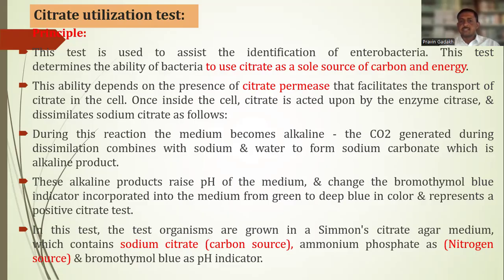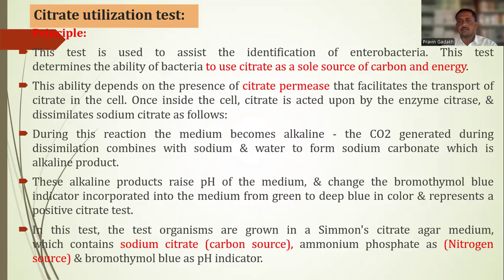Once inside the cell, citrate is acted upon by the enzyme citrase and dissimilated, forming sodium citrate, as sodium is already present in that media. During this reaction, the medium becomes alkaline.